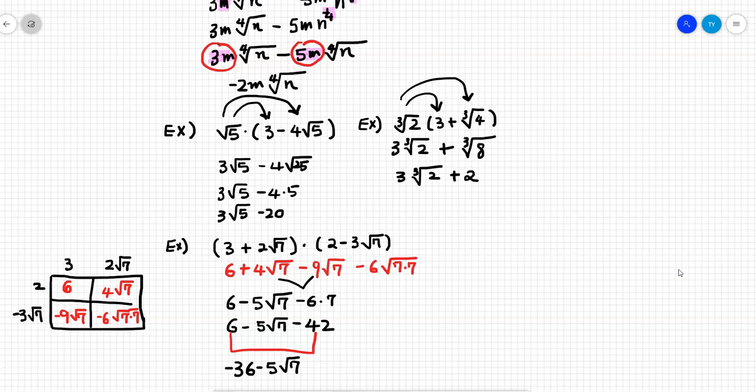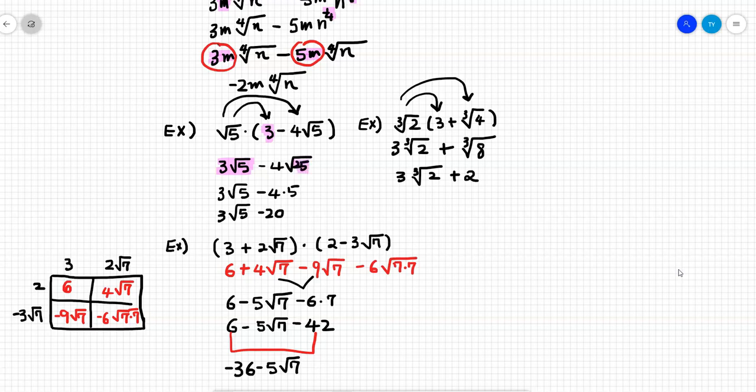If you want to multiply the radical with a regular number like this, then you don't put it inside. So in this example, square root of 5 times 3, you get 3 square root of 5. And when you multiply square root of 5 times 4 square root of 5, now you're multiplying 5 times 5, which gives you 25.